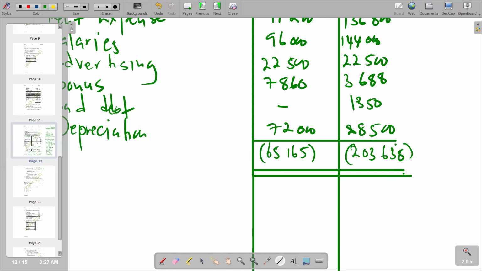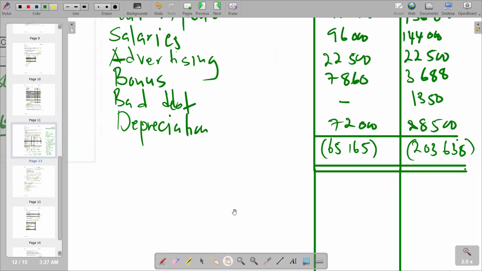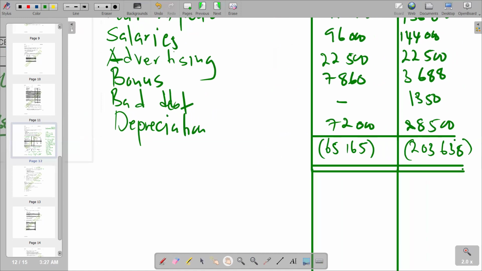So this is what we have in terms of our calculation of the final figure, which is our net profit or loss. In this case, it means both departments have made losses. So we can just give a description here by saying net loss. If we got a positive figure here, it was supposed to be net profit.